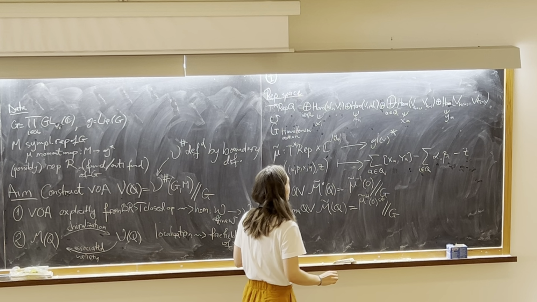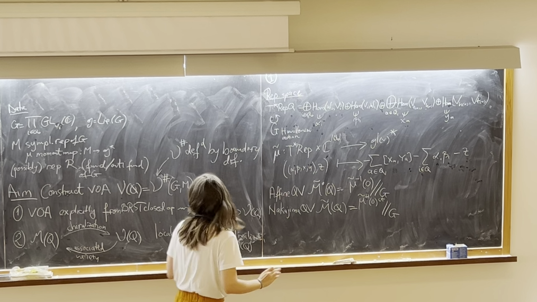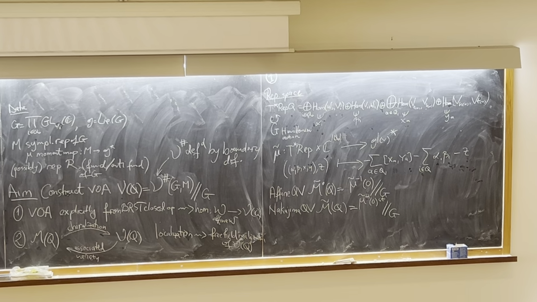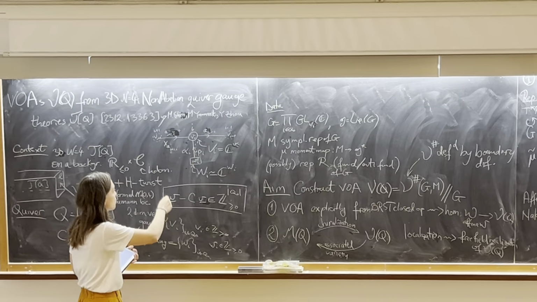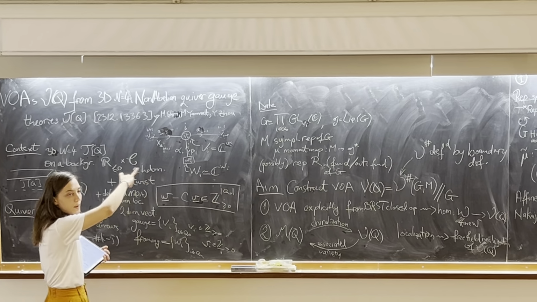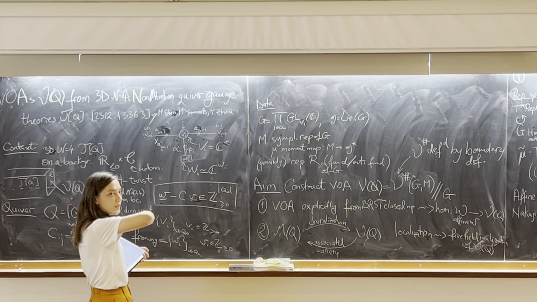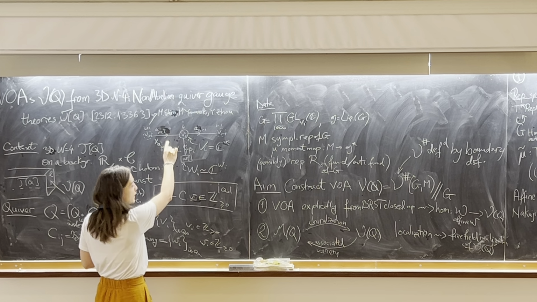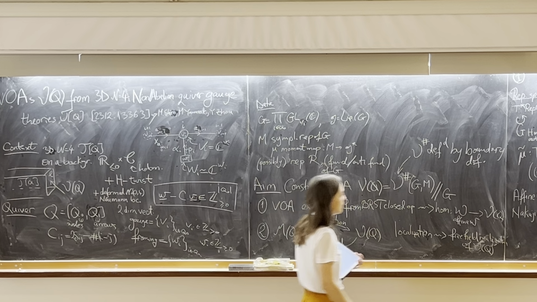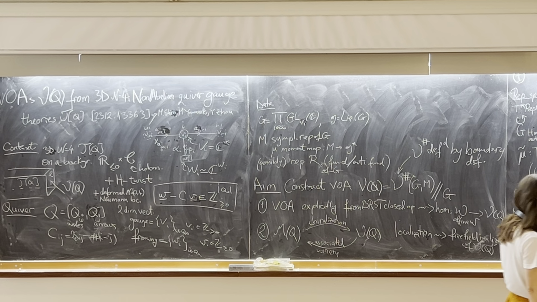Now the notion of stability simply refers to restricting to maps from the framing nodes to the gauge nodes, which when composed with all the other maps span the entire space. So there is no subspace that is strictly smaller that appears in the Nakajima quiver variety.